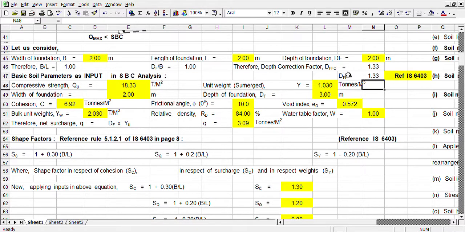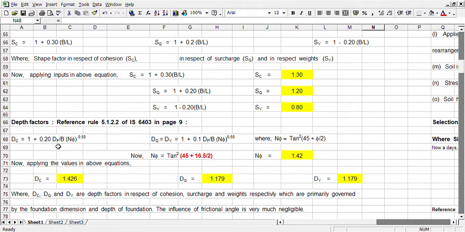And depth factor correction is there, which is written in IS 6403 as 1.3 into Df by B. But instead of 1.3, I am considering 1.33, since for depth factor correction in IS 6403, in the first part it is mentioned as 1.33.